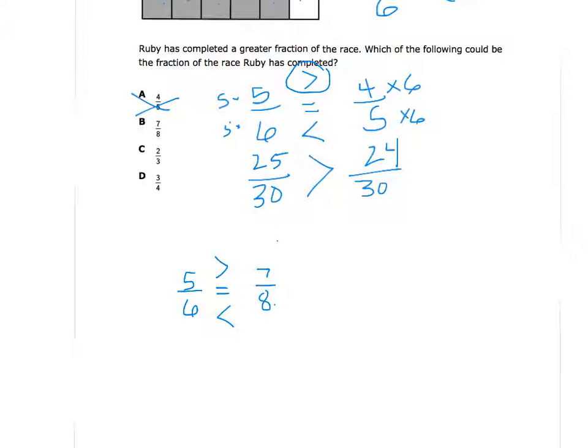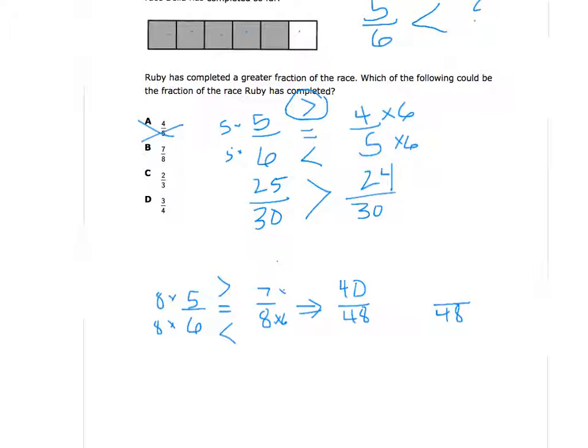So you're going to get from there, let's do 6 times 8 is 48 for each of the fractions. That's the new denominator. 6 times 8 is 48, and 8 times 5 is 40. So 5/6 is the same as 40/48. 7/8: 8 times 6 is 48, and 7 times 6 is 42.